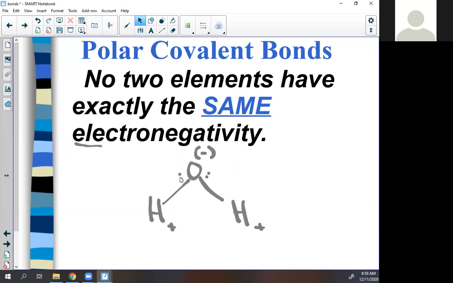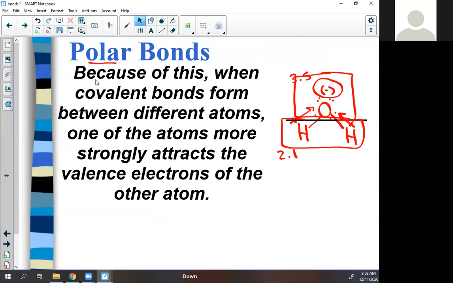So what we say is this is a two-sided molecule, a minus and a plus, or we say it is polar. Polar means two-sided. Because of this, when covalent bonds form between different atoms, one of the atoms more strongly attracts the valence electrons of the other atom. That is the one that has a higher electronegativity than the other.